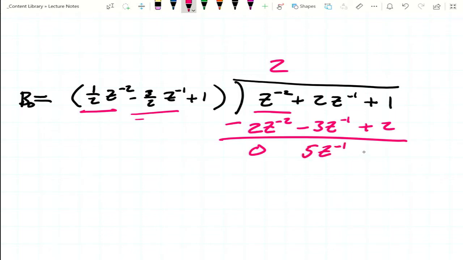And then 1 minus 2 is minus 1. So let's see. Now we've reached a point where we have our remainder here that is a lower order than this. So that's z to the negative 2. That's z to the negative 1. We don't want to put any z's up here, right? Because this is supposed to be a constant. So we're done, essentially. That's the end of the story.